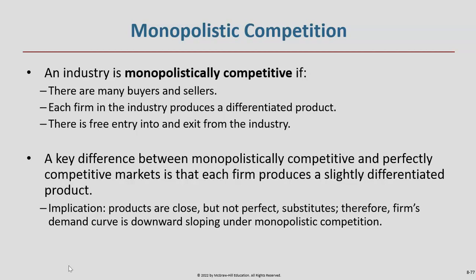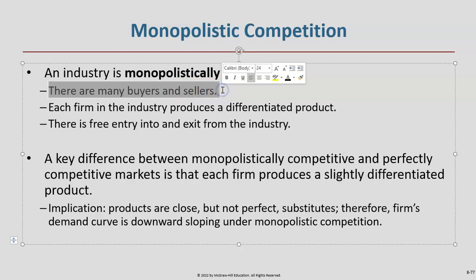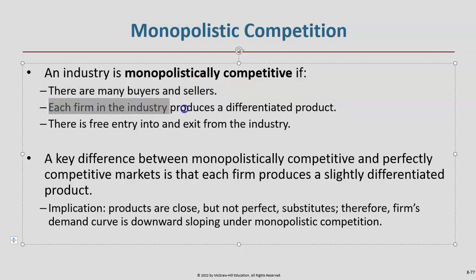So comparing this to perfect competition, okay, both market structures have many buyers and sellers, but in perfect competition, each firm sells the same or a very similar product, a homogeneous product. And in both market structures, there is free entry and exit, in and out.